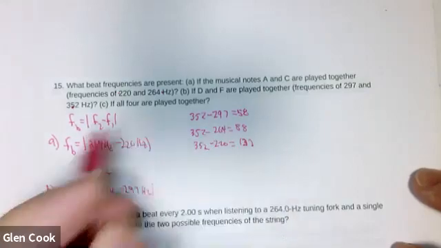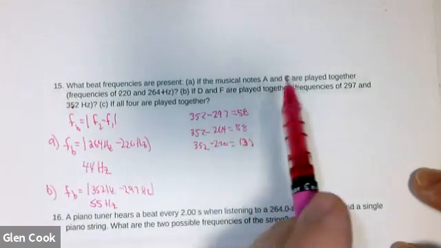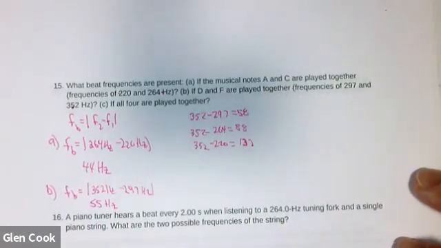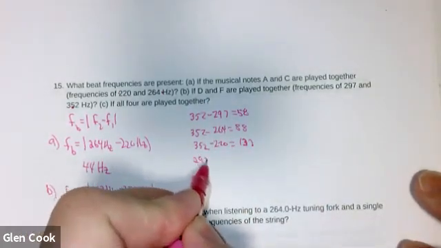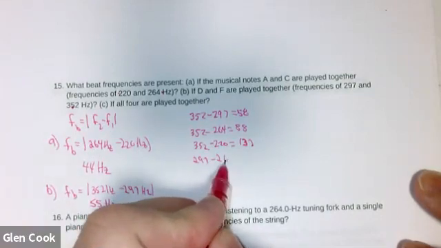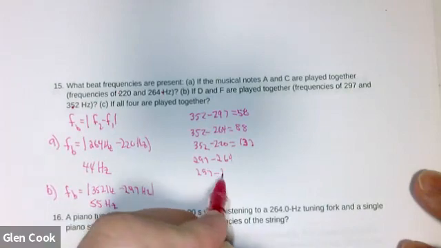Now, they're all low frequencies, but playing an F with D, A, and C all simultaneously creates an overall sound that is the three notes themselves, plus these additional notes. Then at the same time, the 297 is going to make a note with the 264, and a note with the 220.